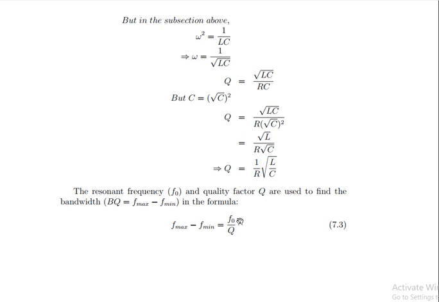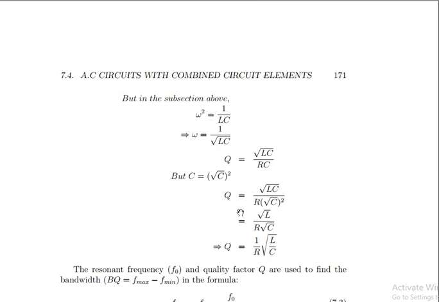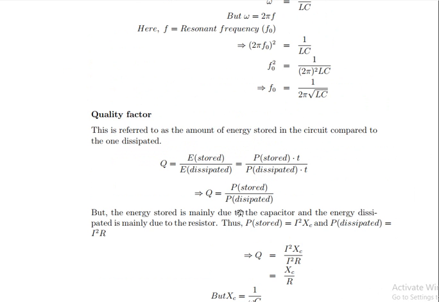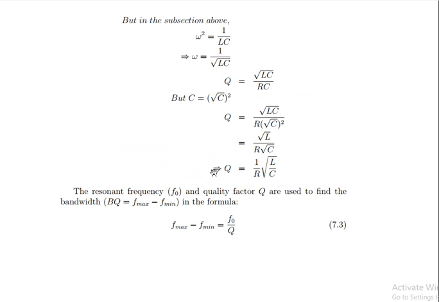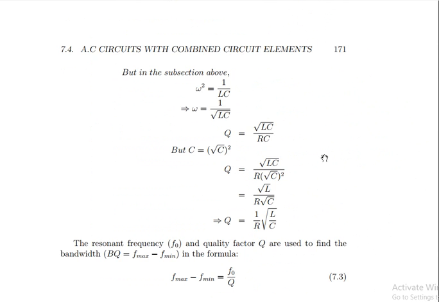Now, since you have found the formula for f0, the resonance frequency, as 1 over 2 pi the square root of LC, and you have found the quality factor to be 1 over R the square root of L over C, we can now use these two formulas to find the bandwidth.